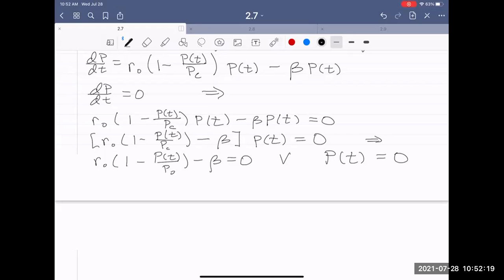Let me assume that I have some fish at the beginning, so let me assume that P of t is not 0 for all t. So let me assume I have at least one fish in the pond, so that at least there's something in the pond for some amount of time.